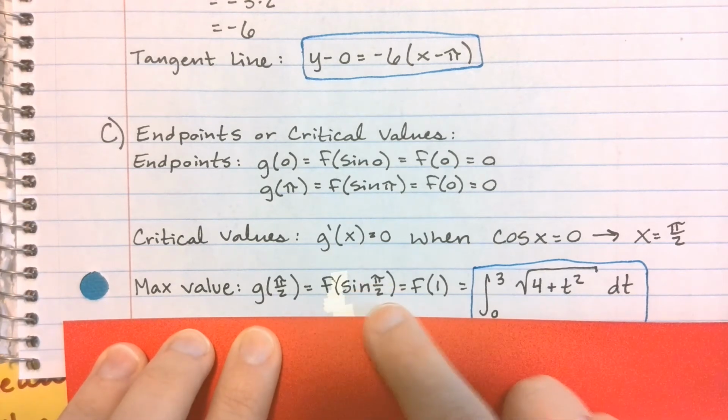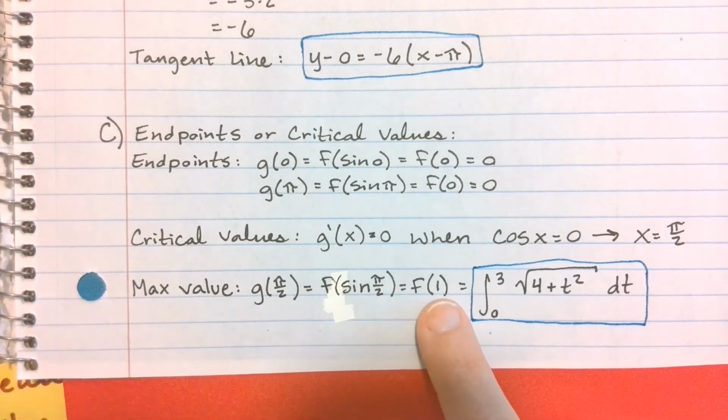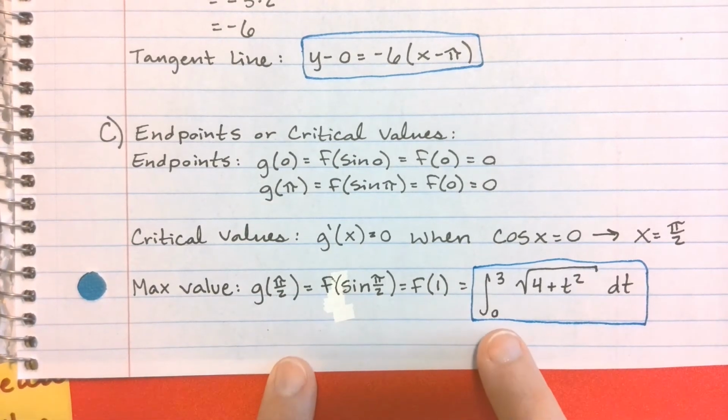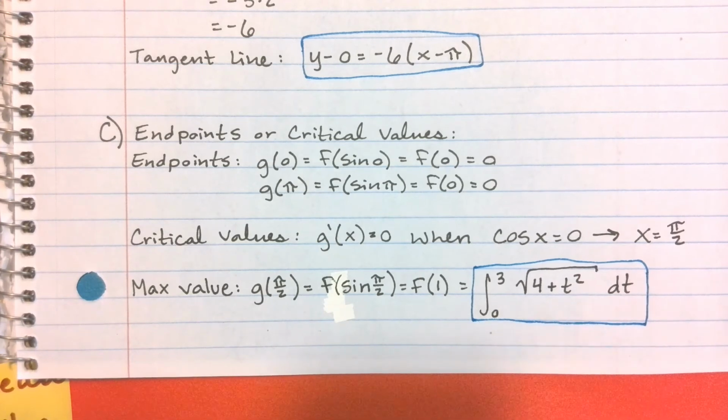Sine of pi over 2 is just 1, so now we've got f of 1. And then if we plug 1 into our f, we're looking at the integral from 0 to 3 of that whole thing that f was defined by. So this is the integral that they were looking for that would represent the max value, or g of pi over 2.